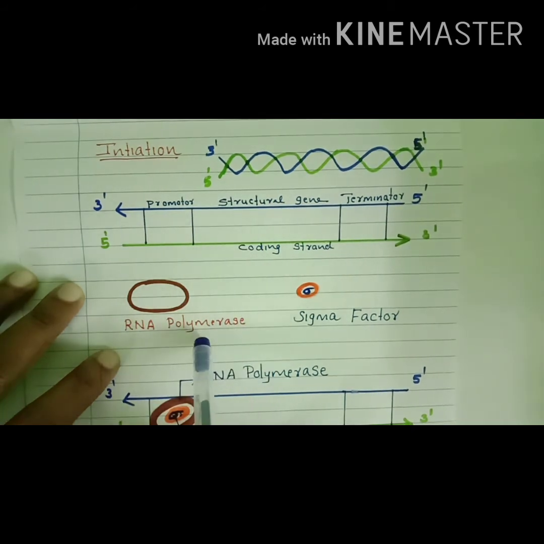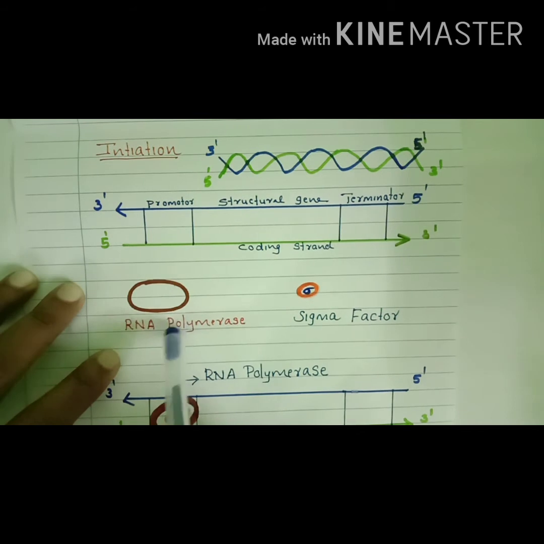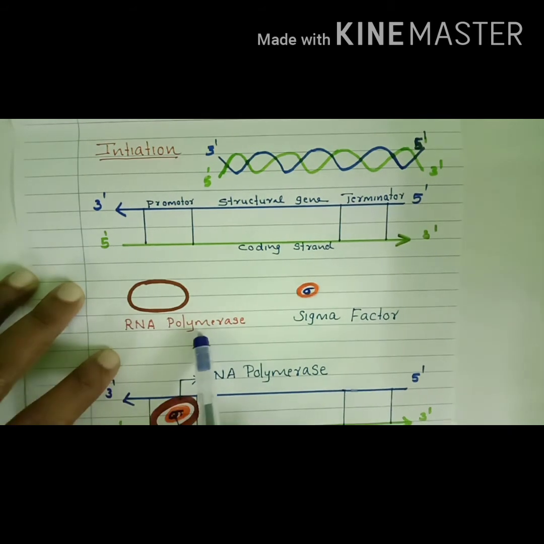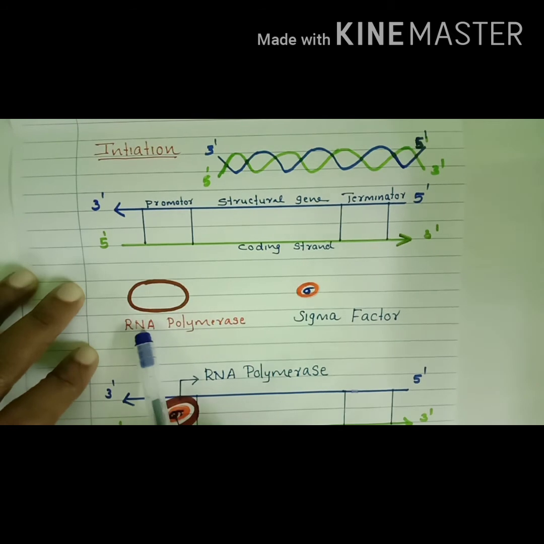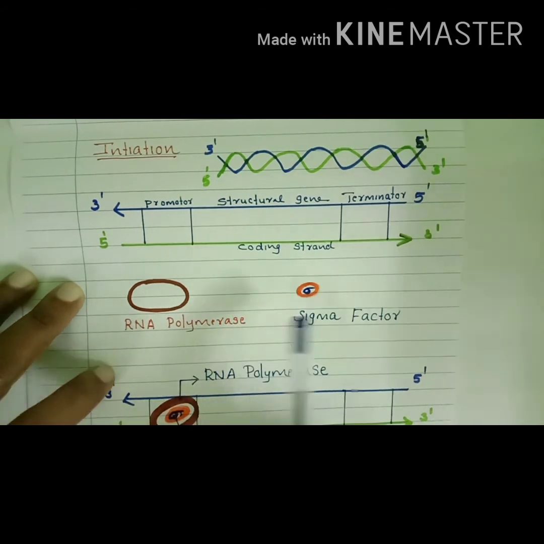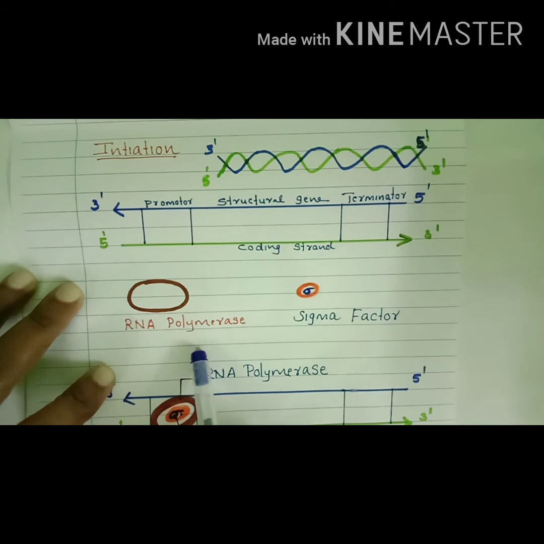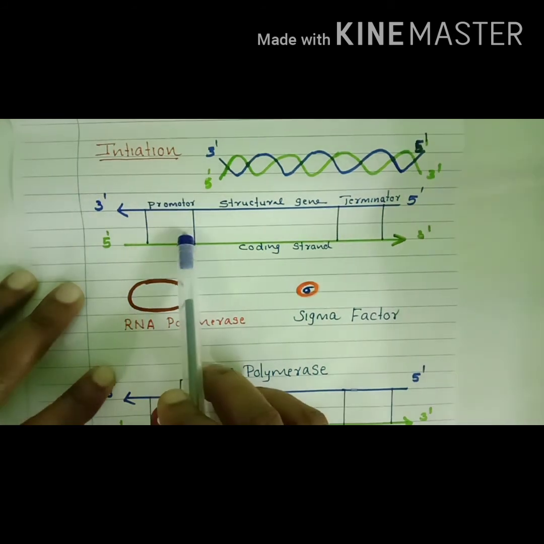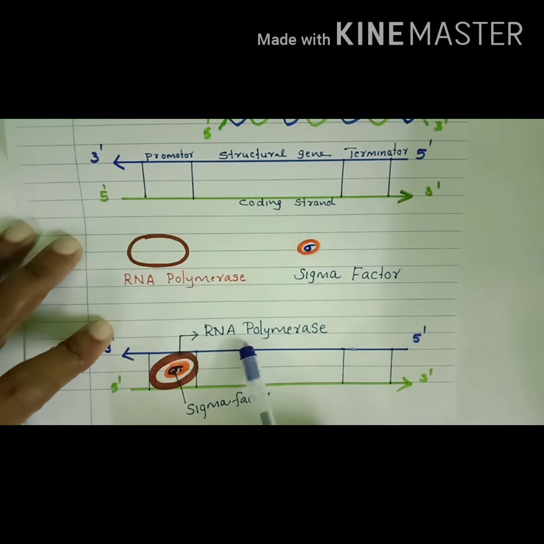A new RNA is formed with the help of RNA polymerase by reading the template strand. So during initiation, sigma factor will bind with the RNA polymerase enzyme. This helps the enzyme to bind with the promoter site, and that process is called initiation.